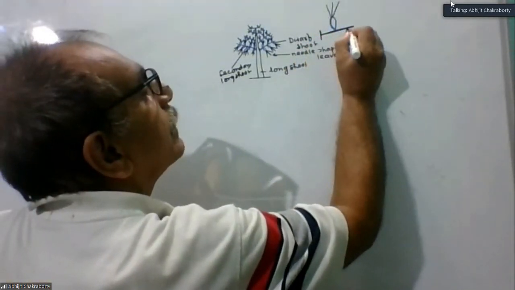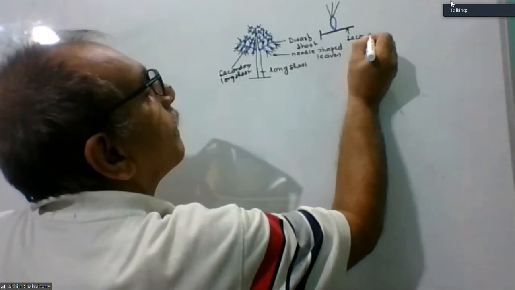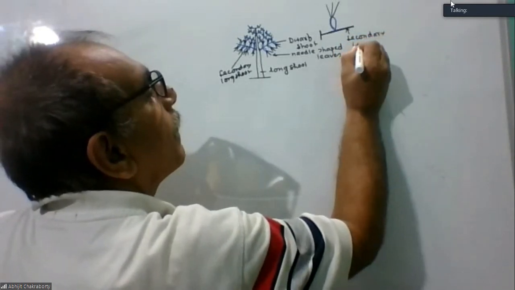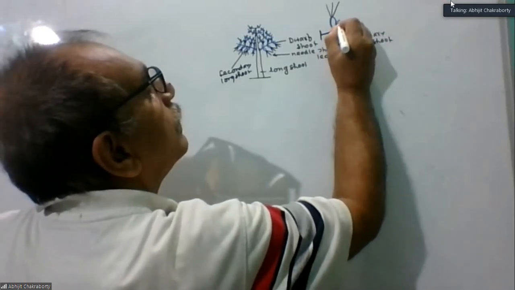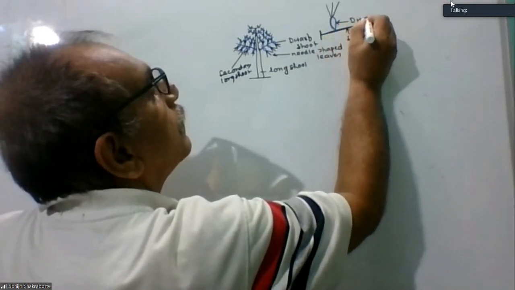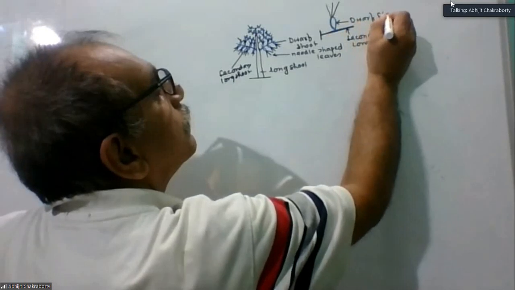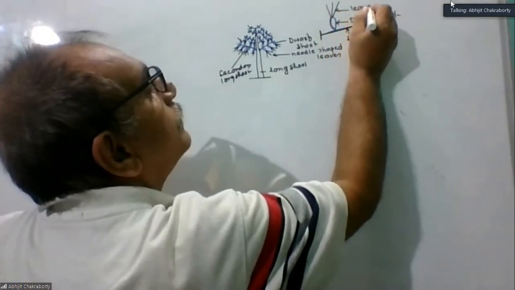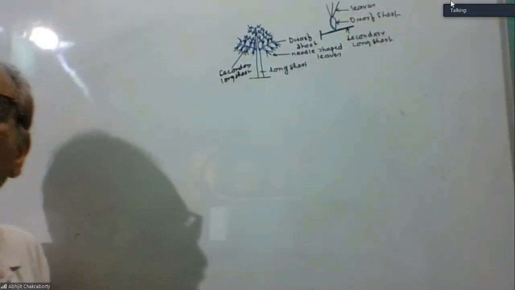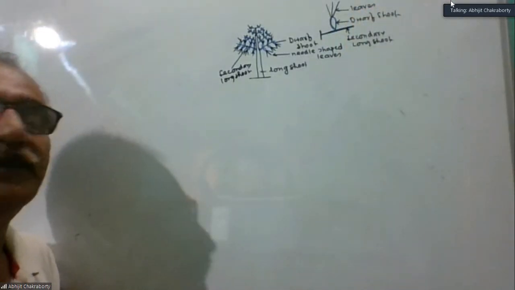So this is the secondary long shoot. This one is the dwarf shoot. And these are the leaves. So I think it is clear now.